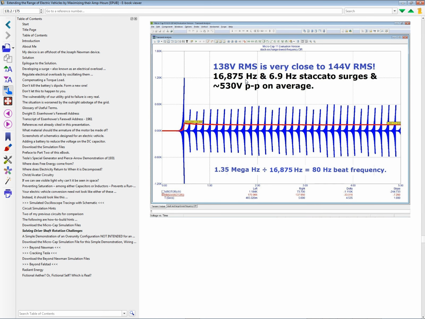And these are the output of another choice of 16,875 hertz in order to create an 80-to-1 difference, an 80 cycles per second beat frequency. And the staccato wedges are just under 7 hertz, which is kind of slow. But they're pretty good, 530 volts peak to peak.